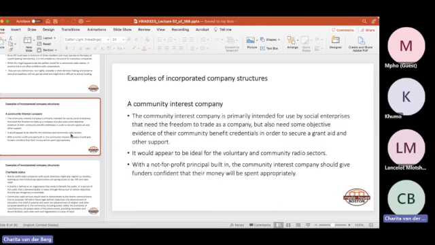And they have had the following to say: we believed it was the best structure for us as a community radio station. Our next stage, as we serve a rural area, is to set up CICs, so community interest companies, for each of our small towns, so they retain independence, and then to create a secondary cooperative as an umbrella organization. So an overall umbrella organization with all those CICs falling underneath it.